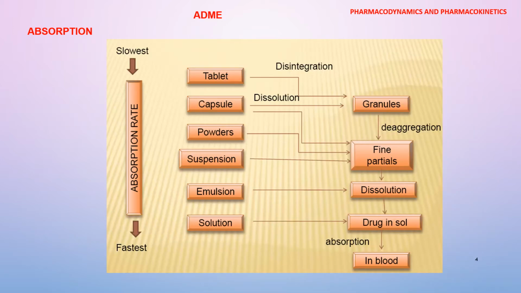The route of administration of the drug and the formulation of the drug affect the absorption of the particular drug. Drug solutions are absorbed faster when compared to tablets and capsules. Similarly, a drug given through IV is absorbed more readily than oral.